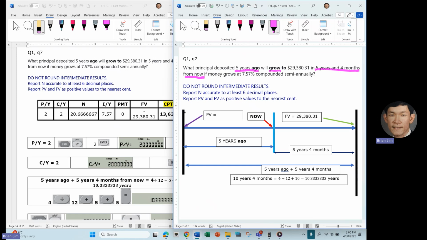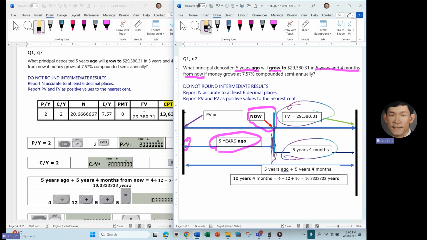So ago is over here. That's the 5 years ago. Now is right here, and then the future value is 5 years and 4 months from now. So this is the future value. We are given the number, but we want to find the present value way over here.